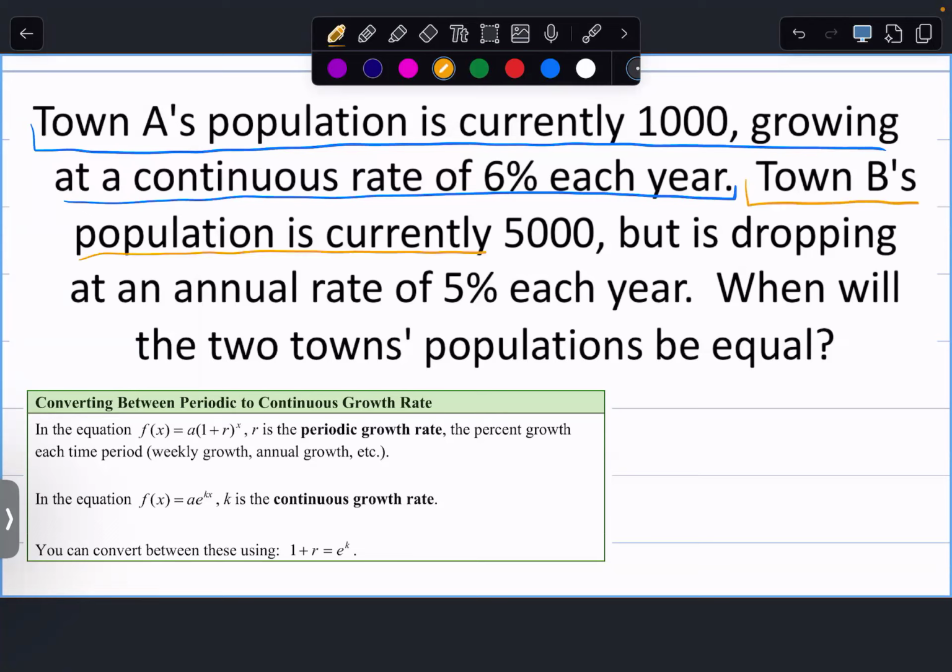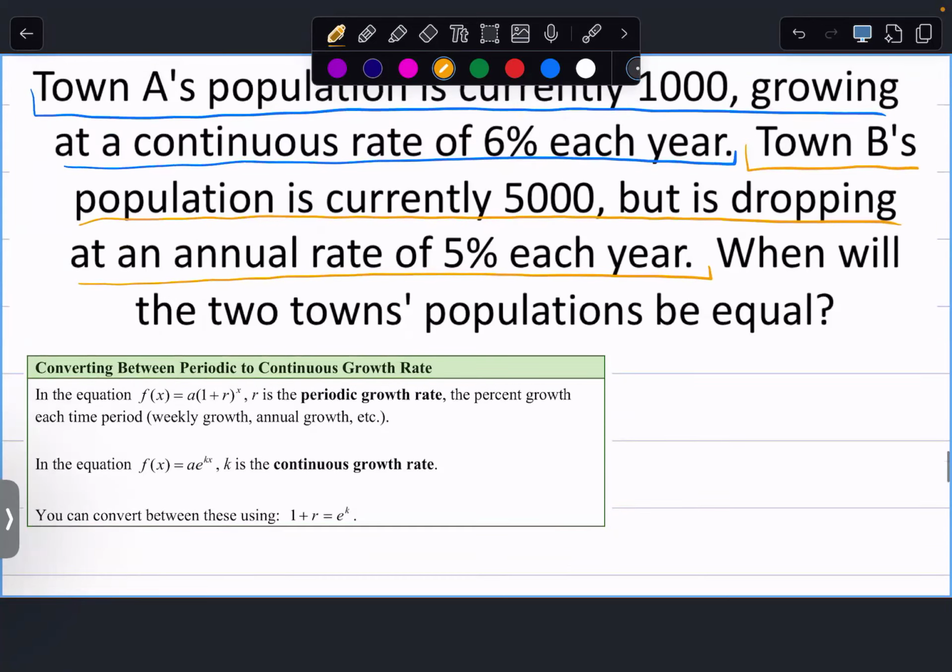The population is currently 5,000, but it's dropping at an annual rate of 5% each year. Uh-oh. My voice needs to hang in there. And we want to find when will the two towns' populations be equal. So one is starting at 1,000 and it's growing, and the other one is starting at 5,000 but it's dropping. And so eventually they will meet at some point.